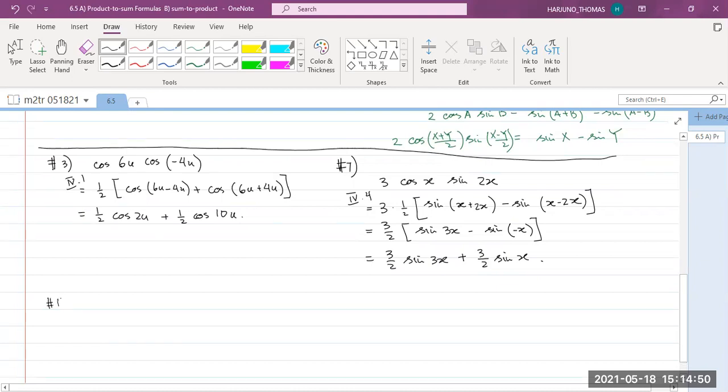Number 11. Cosine 5x minus cosine 3x. This is formula 5.2. Cosine minus cosine is negative 2 sine of sum over 2 times sine of difference over 2.